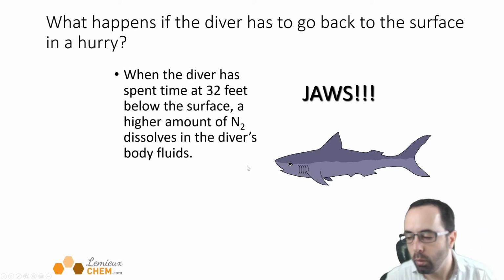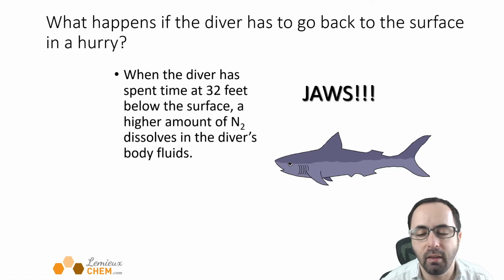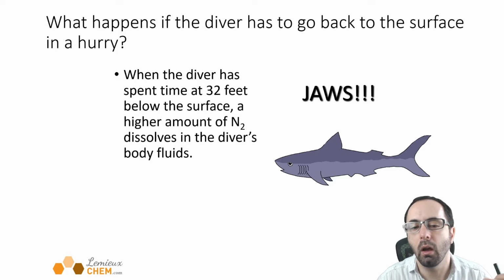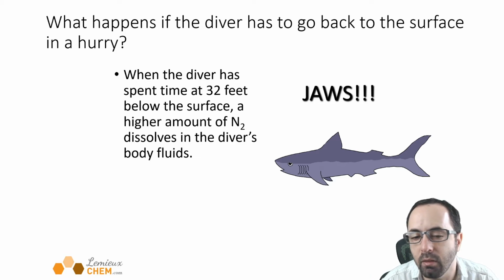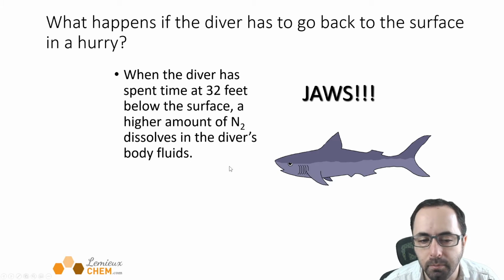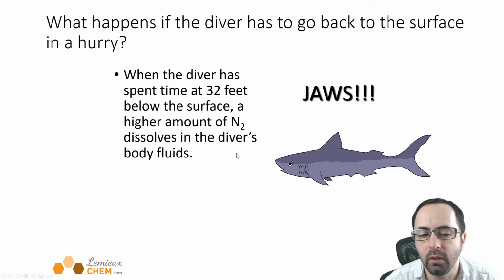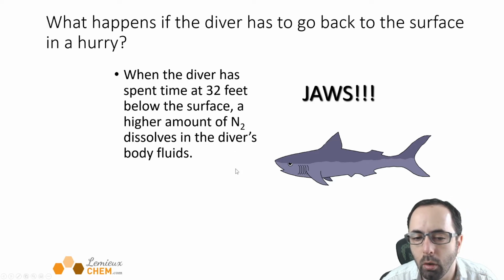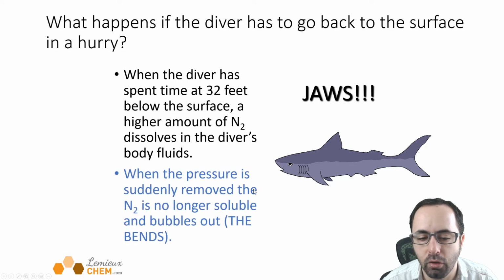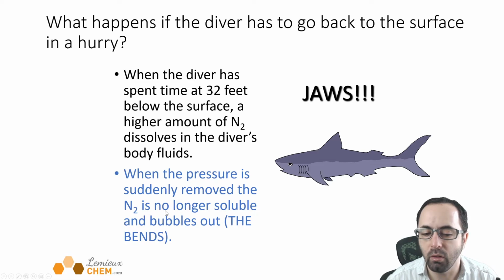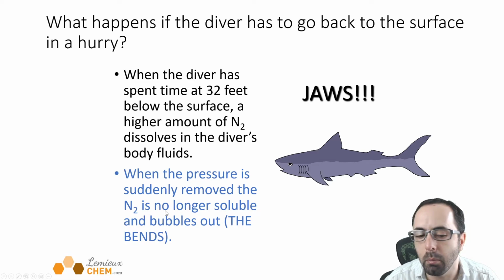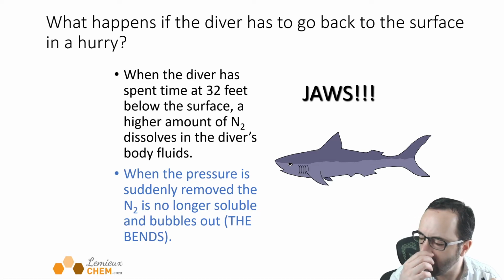So they quickly rise to the surface, and suddenly now the pressure of the air they're breathing is no longer 2 atmospheres, it's 1 atmosphere again. And so the higher amount of nitrogen that is in the blood now will be trying to escape to return to a normal amount of nitrogen. So when the pressure is suddenly removed, the nitrogen is no longer soluble in the blood, and so it comes out very quickly.